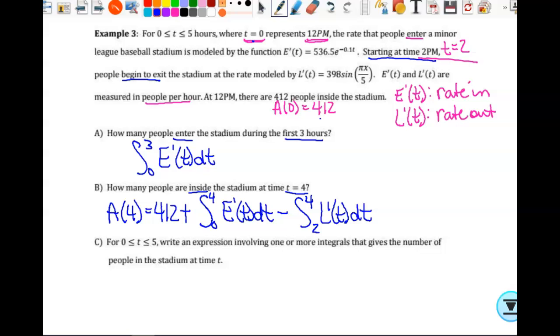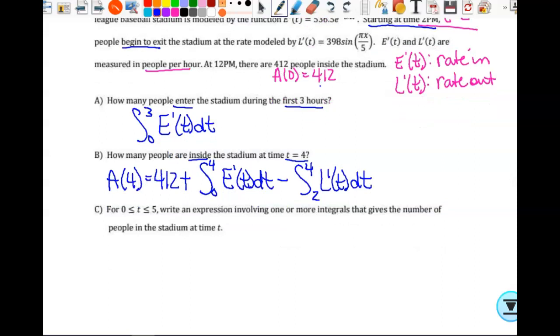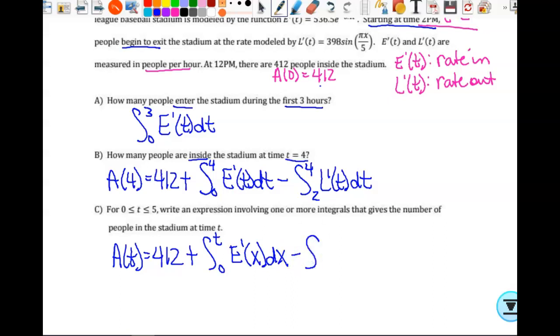We good? And then if I'm going to write an expression involving one or more integrals that gives the number of people in the stadium, this is going to be A of t equals 412 plus, I'm integrating from 0 to whatever t is, of E prime of x dx, minus, then I'm going to integrate, where do I start? 2.